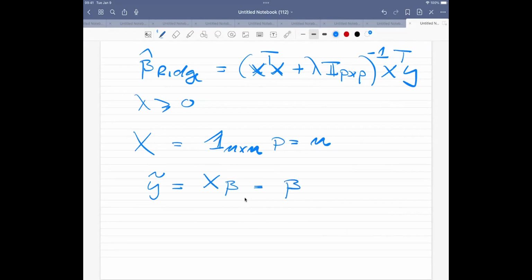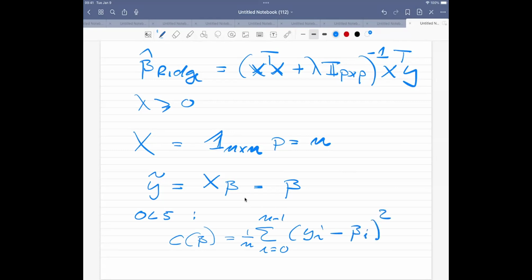It means also that when we now want to optimize, if we look at ordinary least squares, since we have put n equal to p, our mean squared error, or the function we want to optimize, is going to be equal to 1 over n, the sum over i equals 0 up to n minus 1, of y_i minus, and then since the model is just beta, and the dimension p is equal to n, this simply has to be equal to beta_i, right?